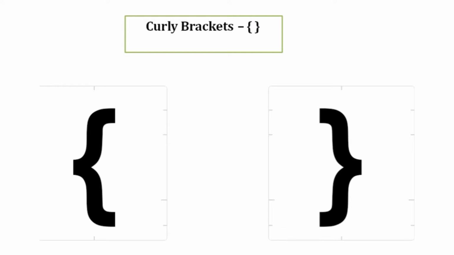It is a symbol used to write any extra information in between these brackets. If you want to write any particular kind of information or any important message, you can write it in between these brackets to highlight that information.